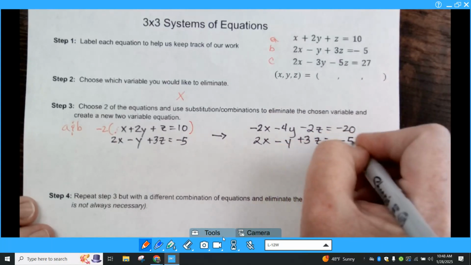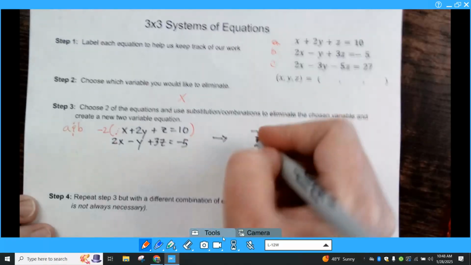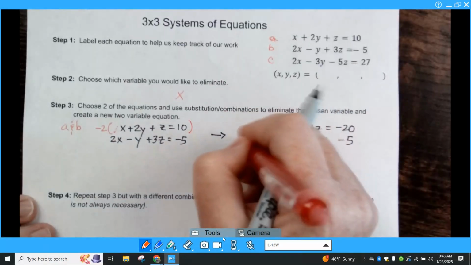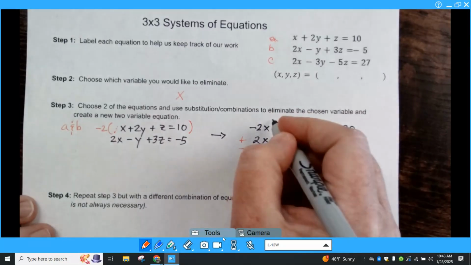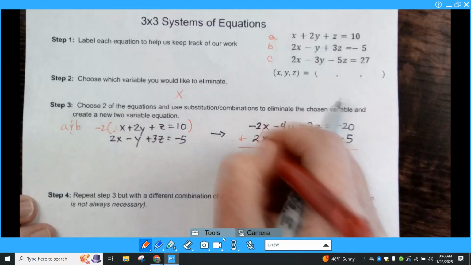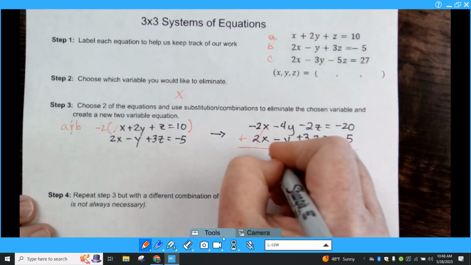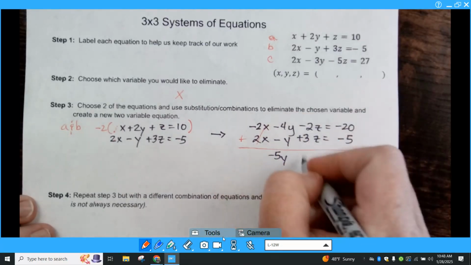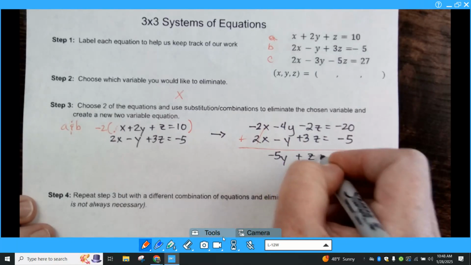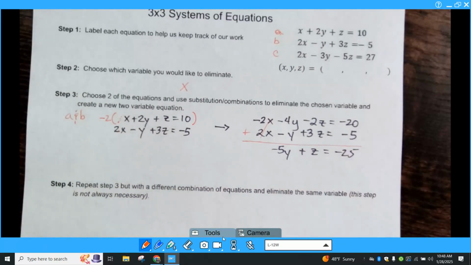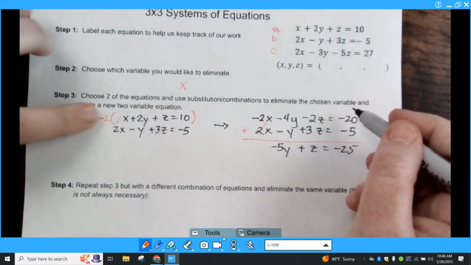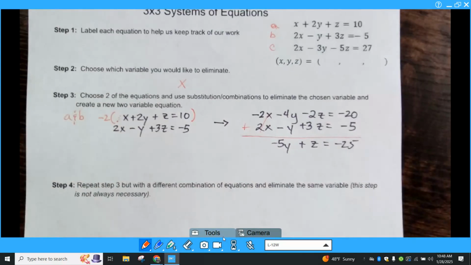And now I'm going to combine these two to get, those are now gone. We've got negative 5y plus 1z is equal to negative 25. And we're going to leave that here. We created a new two-variable equation.